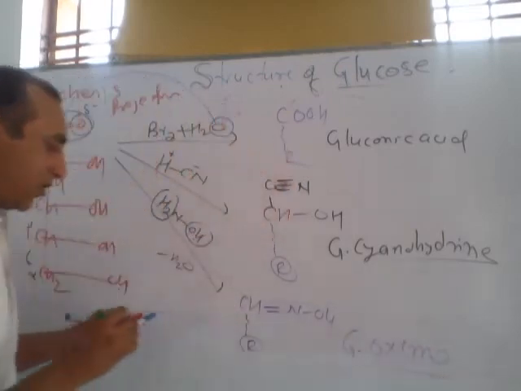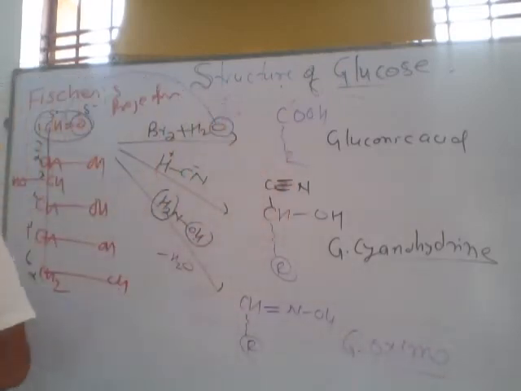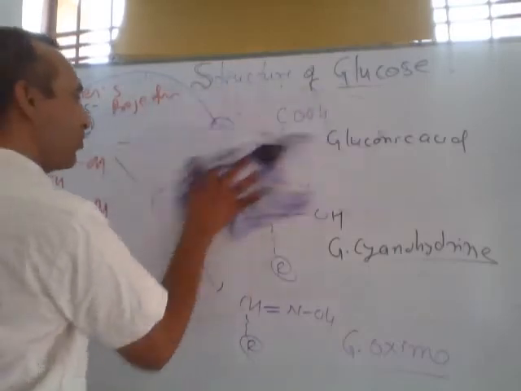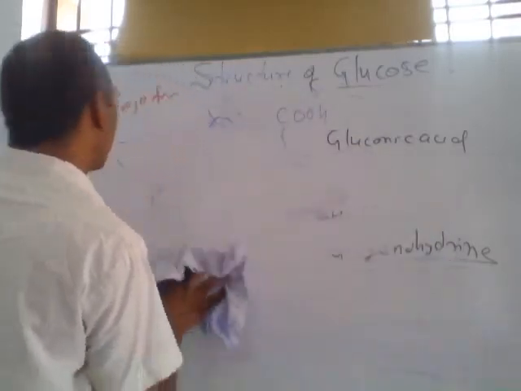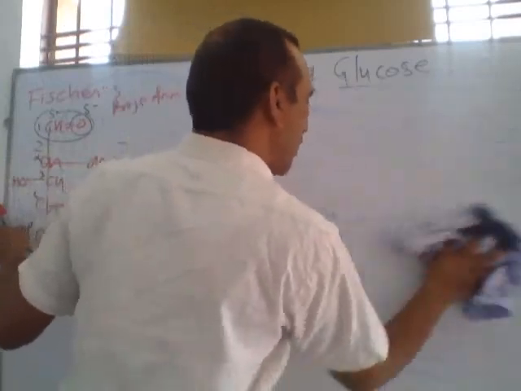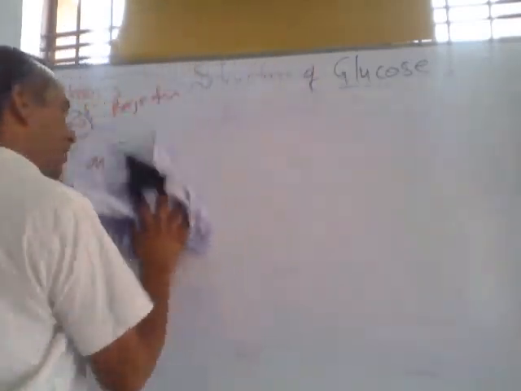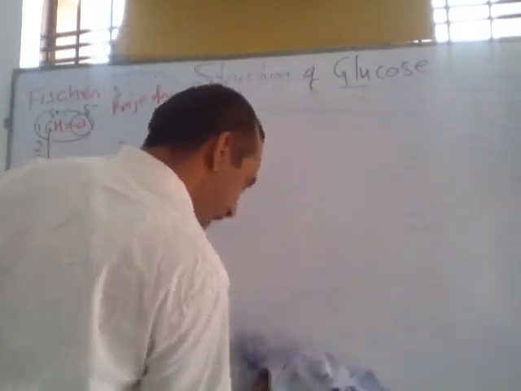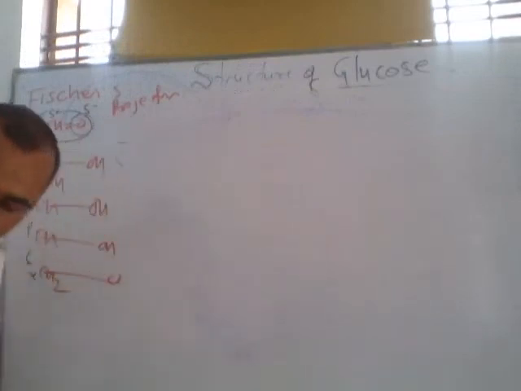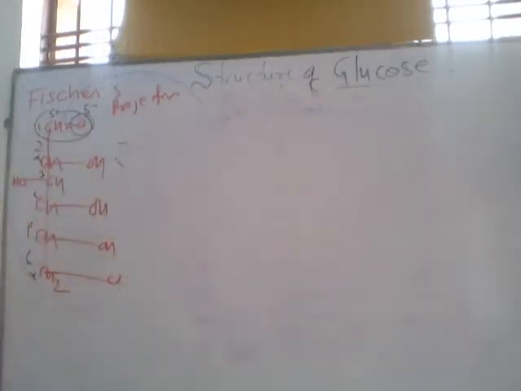So the formation of glucose oxime also indicates that in glucose there is an aldehyde group present. So to prove the presence of an aldehyde group, meaning glucose is an aldose, we can prove it by the reaction of these 3. Why? Because bromine water converts glucose to gluconic acid.